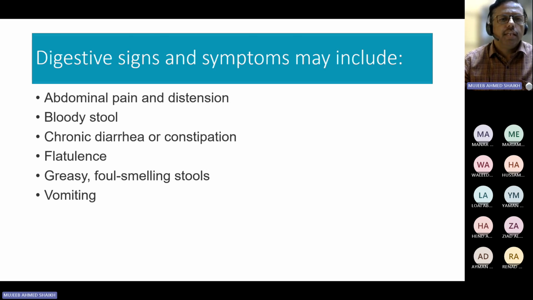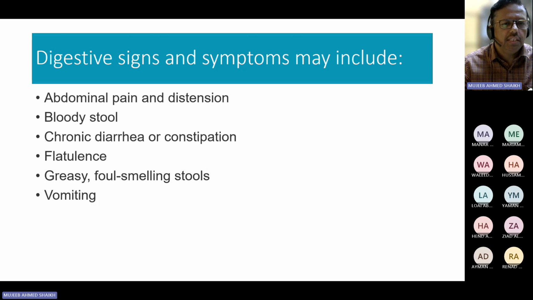For celiac disease, the usual features are abdominal pain and distension because of the production of undigested material. This leads to the action of bacteria and formation of gases and distension, followed by diarrhea. Bloody stool may be there, chronic diarrhea or constipation, flatulence, and greasy, foul-smelling stool.